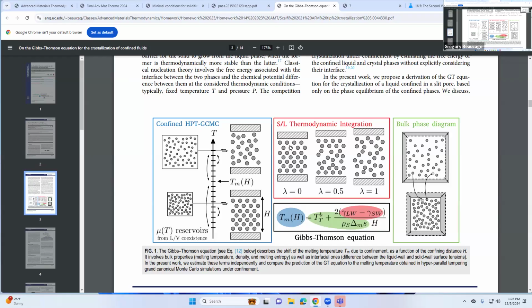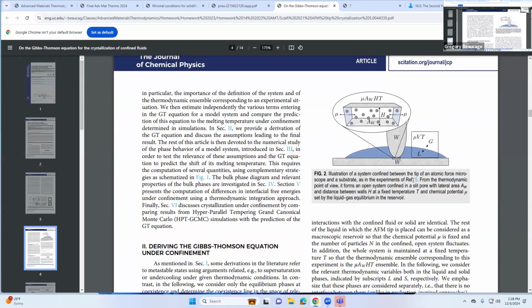W is the thing that's being crystallized. So between the liquid and the thing being crystallized, and the surface tension between the solid and the thing being crystallized, that's plus or minus, you can get an increase or decrease in Tm. So in this case, it gets an increase in Tm, so it crystallizes in the gap. Right, so this is the way this is done.